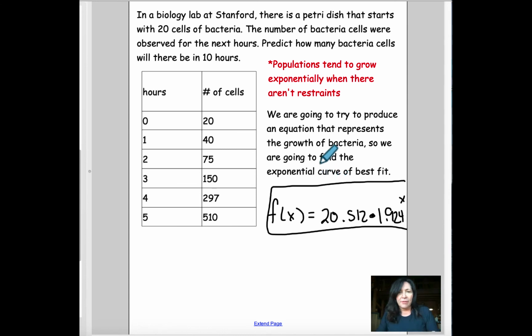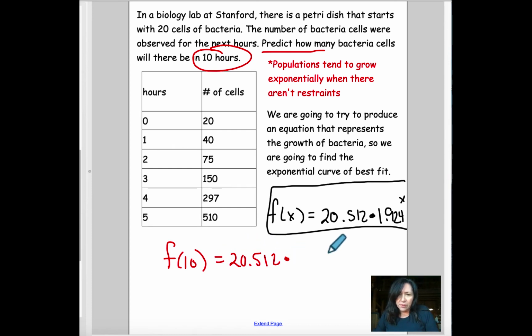Now we have the equation, and what it asks me to do here is predict how many bacteria cells there would be in 10 hours. Hours being my x value, I would plug that in. I'm going to plug in f of 10, which is equal to 20.512 times 1.924 to the 10th power.